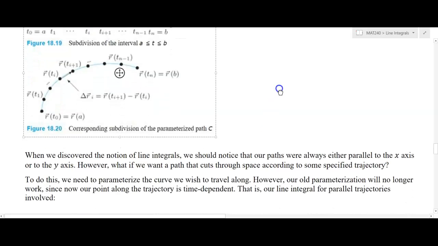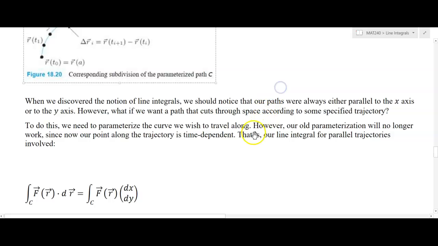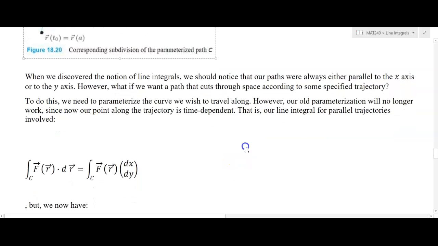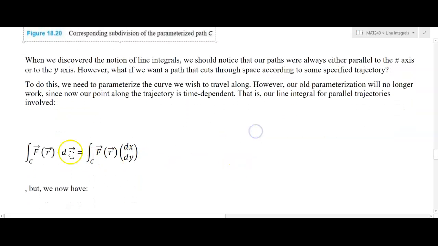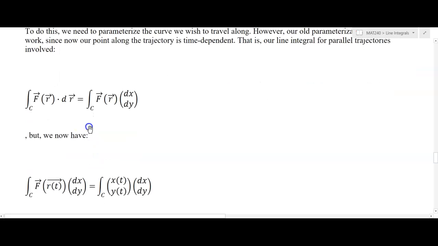So nothing has really changed in terms of the idea or the concept behind it, but we do have one little problem, and that is that when we were writing our line integrals earlier, we just said position was a function of x and y, of where you are. But we now have, notice the difference here, that the position is a function of time, that the value depends on t.